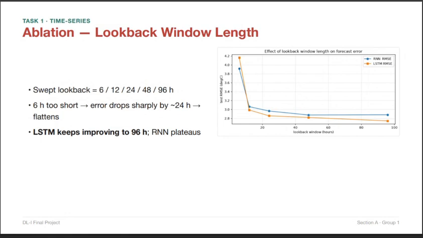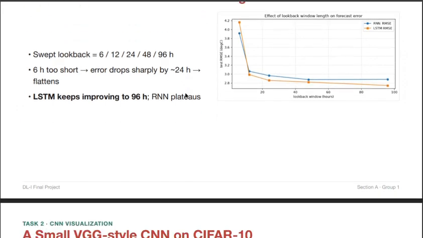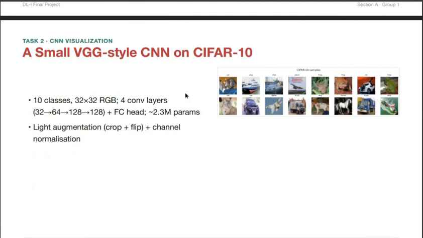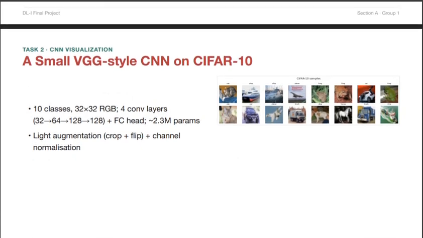The performance of LSTM pretty much peaked after 20 hours, whereas RNN plateaued, and LSTM kept improving till 96 hours. That's the reason its overall performance is better compared to the other models. Now, I would hand over the presentation to Avishkar to explain the CNN.